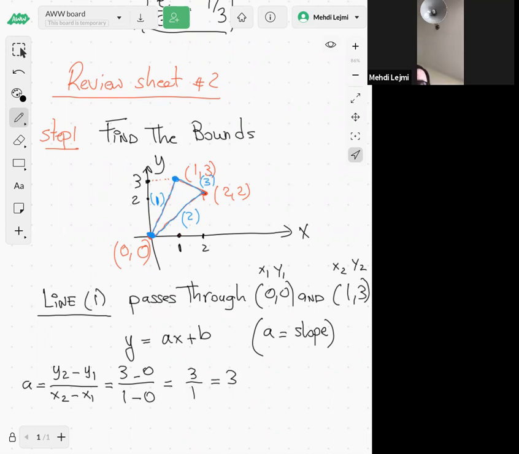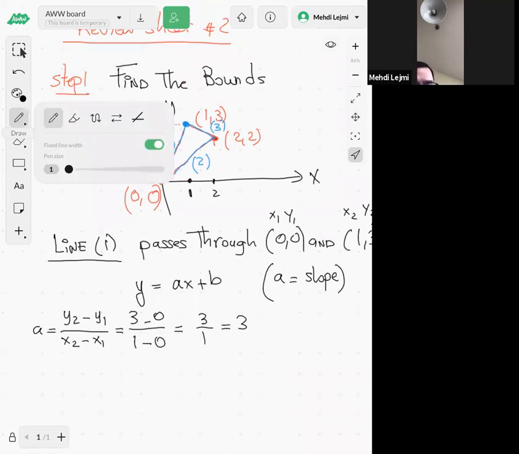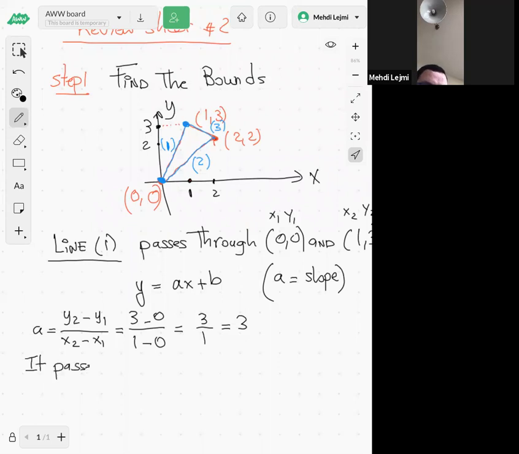And then b, you can just take a point it passes through. I'm going to just write down the details for the first line, and then the next lines, I'm going to go very quickly, okay? It passes through, let's say, 0, 0. So 0, 0 would satisfy the equation, right? So y is 0, equals the slope, which is 3, times x, which is 0, plus b.